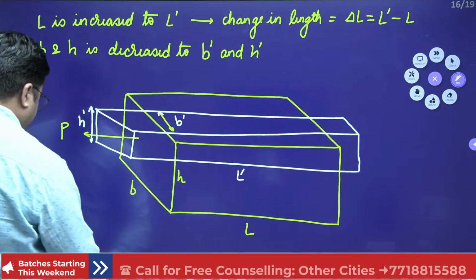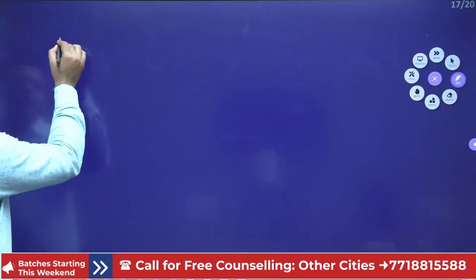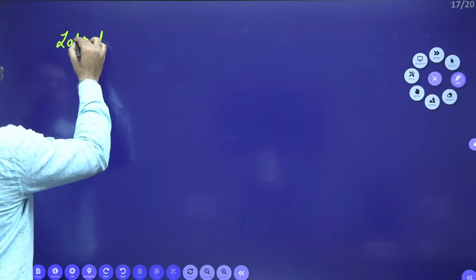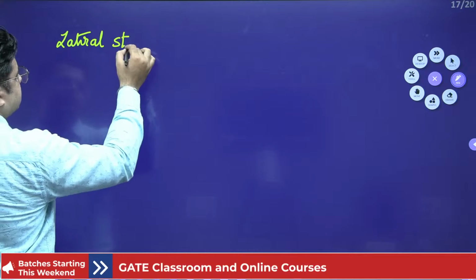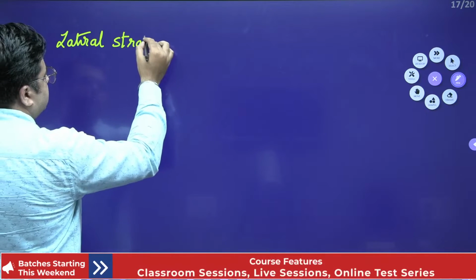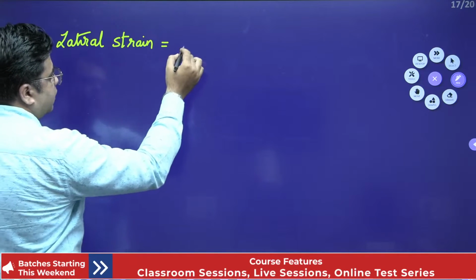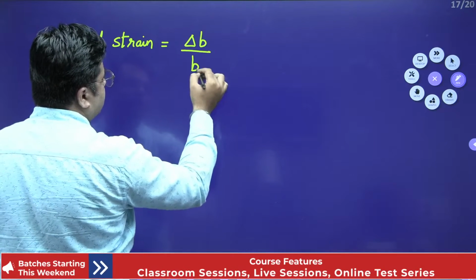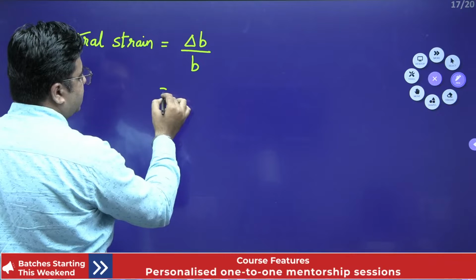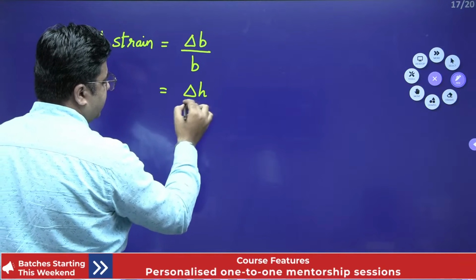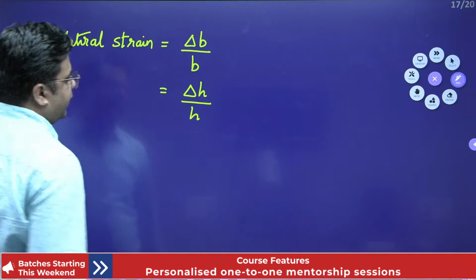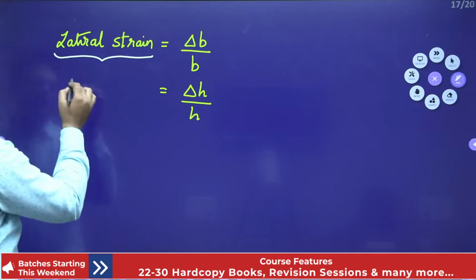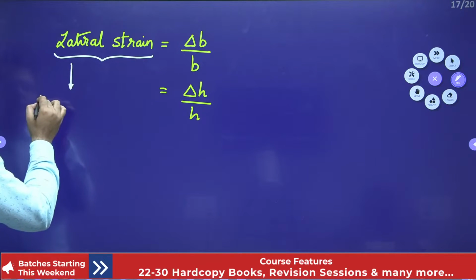So lateral strain is your change in width to the original width, or it is equal to the change in height to the original height.